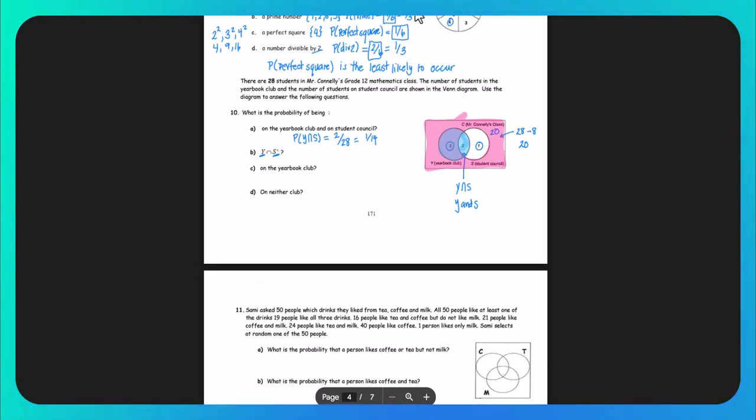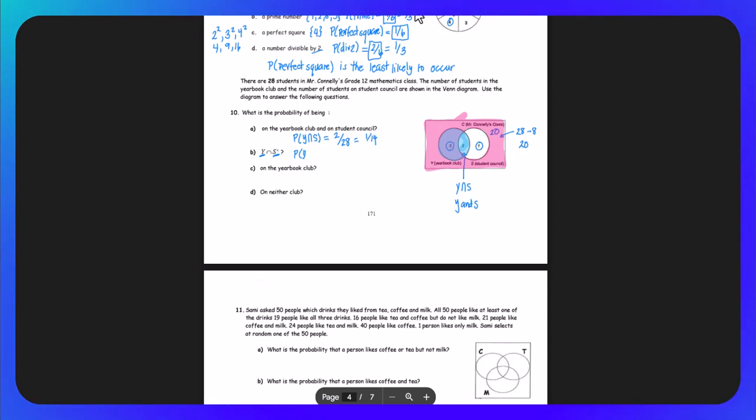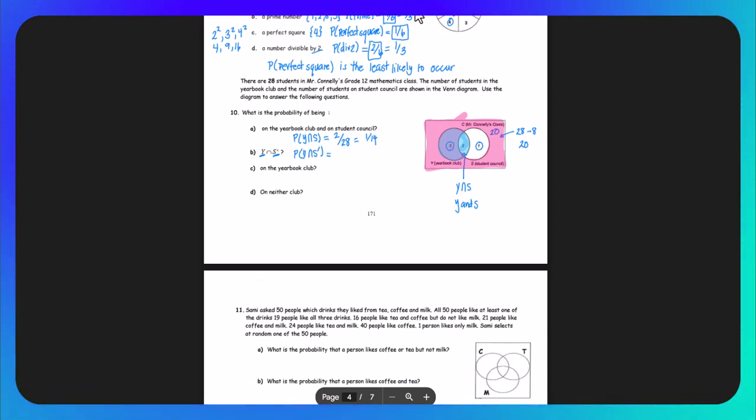So in other words, the probability of Y intersecting with S prime equals 5/28. Now this one here, we can't simplify any further. So we have 5/28 right here.